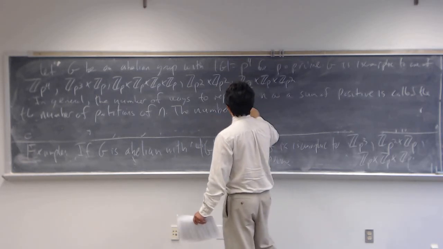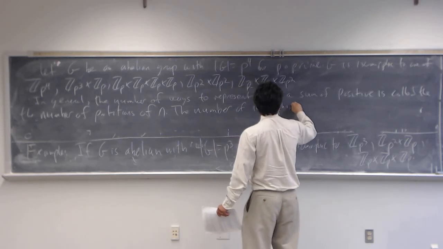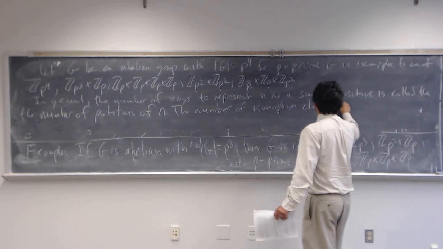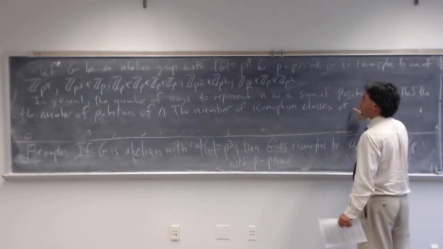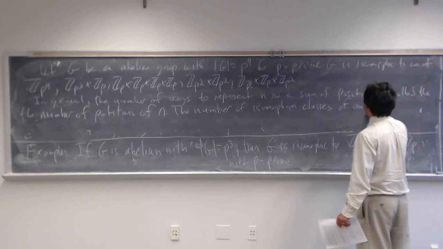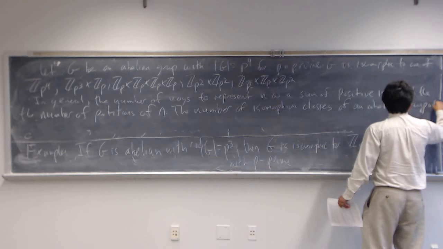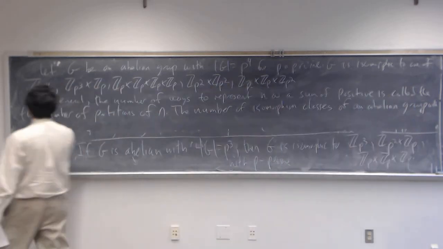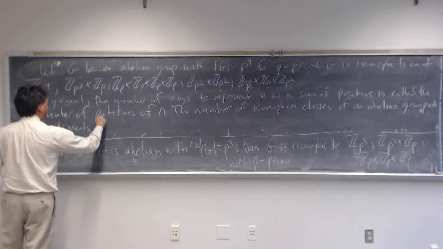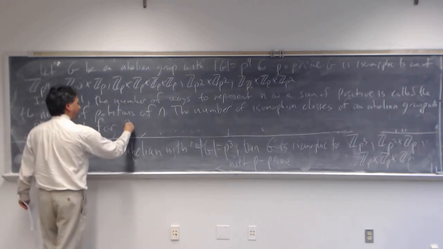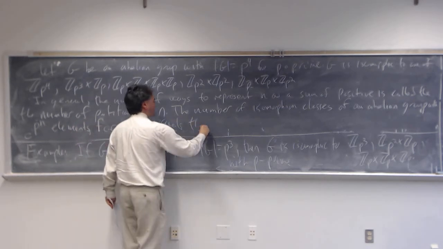The number of isomorphism classes of an abelian group with p to the n elements for p prime is going to equal the number of partitions of n.